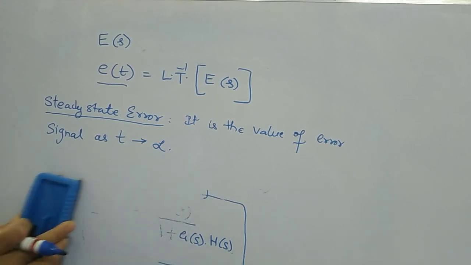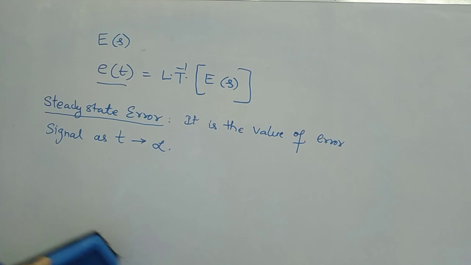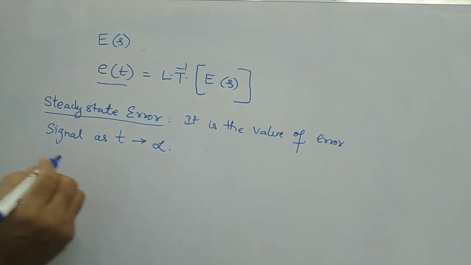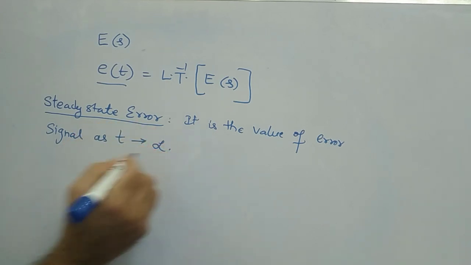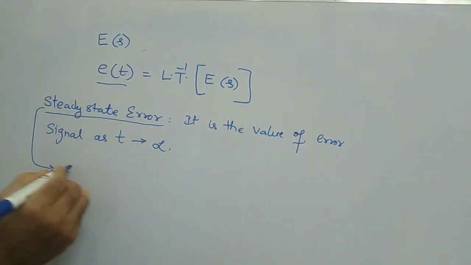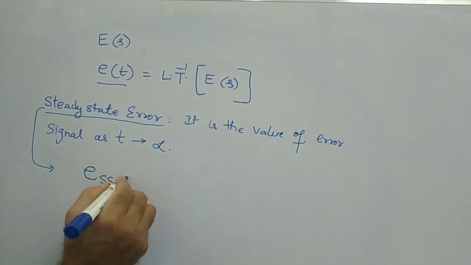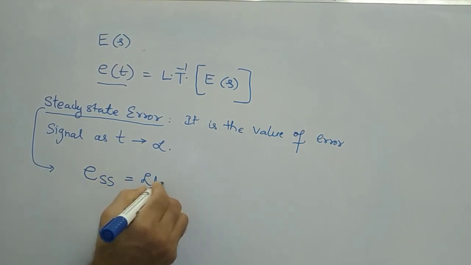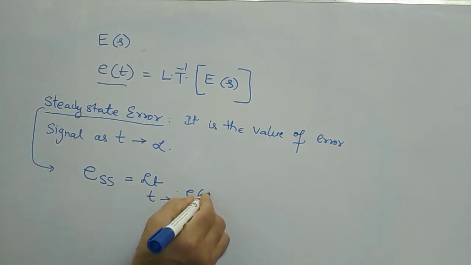The value of E of t as t tends to infinity is nothing but the steady state error, which is represented by E suffix ESS. Therefore ESS is equal to limit t tends to infinity E of t. Clear?